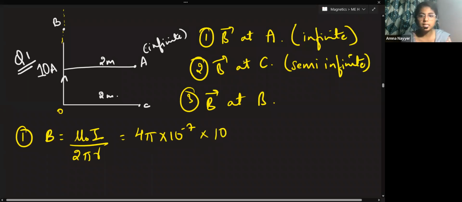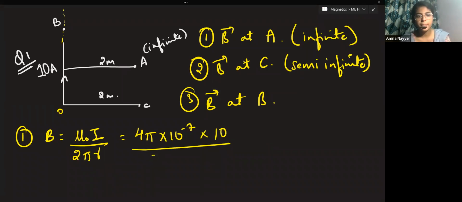Current is 10. 2 pi is there, and the radius is also 2. So in the denominator it's 4 pi. So 4 pi gets cancelled, and this comes out to be 10 to the power minus 6. Who all have answered it correctly? Priyadarshini has answered the first part.